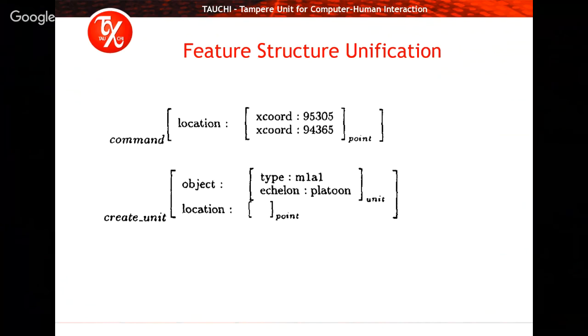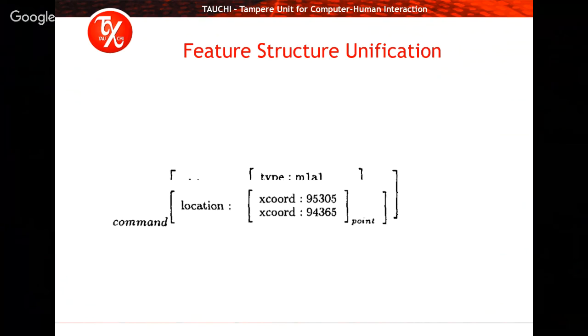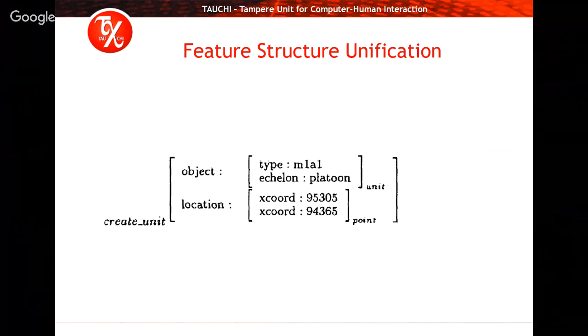So basically what we can do now is to put this here, and then we end up with the final result. We have the complete command create unit tank platoon in this location. And you can think of then you have lots of different of those features, one matching every possible command there is. All the input is first mapped into some sort of feature, and then this combination.